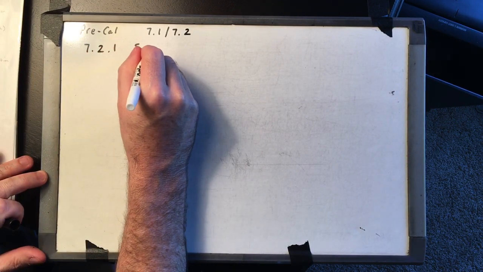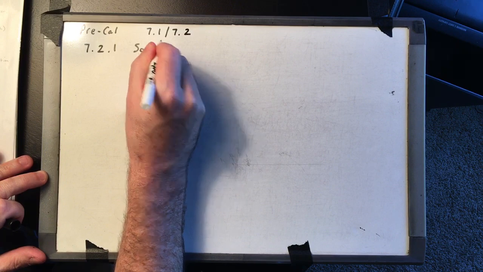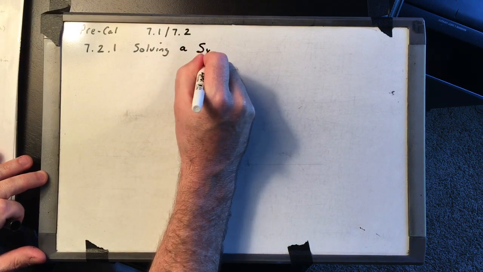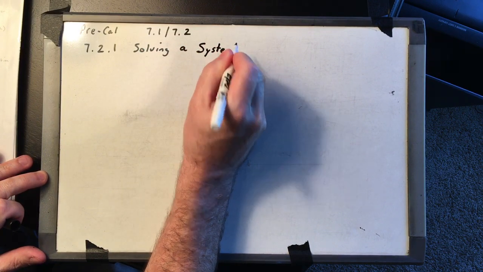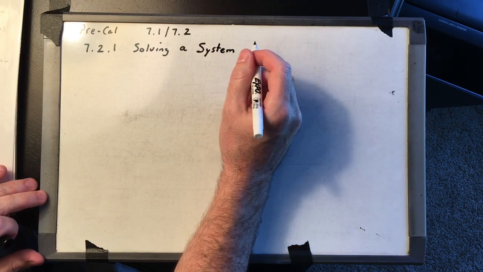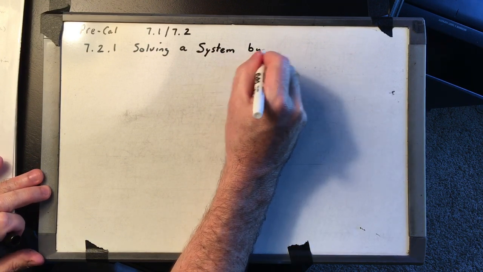7.2.1 is called solving a system of equations. We're just going to call it a system by substitution.